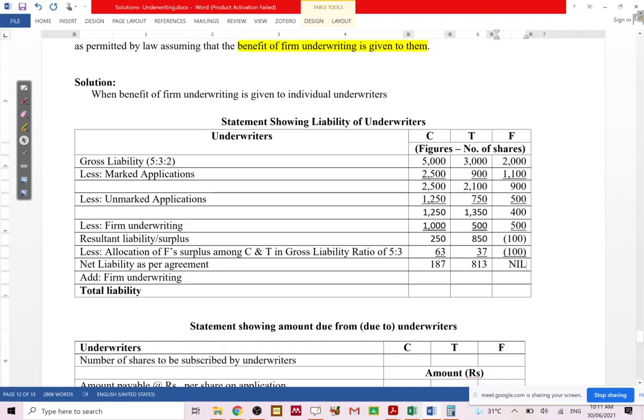He takes nil. Okay. But including firm underwriting, now if we add up the firm underwriting again, that is 1,500 and 500, same thing we are adding again over here. We get 1,187, 1,313 and 500.